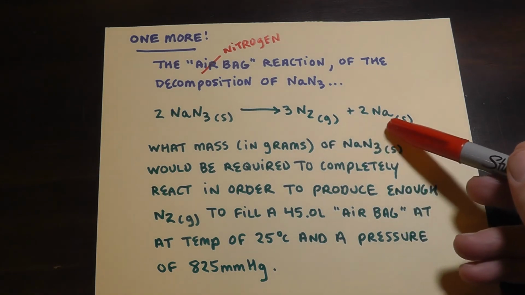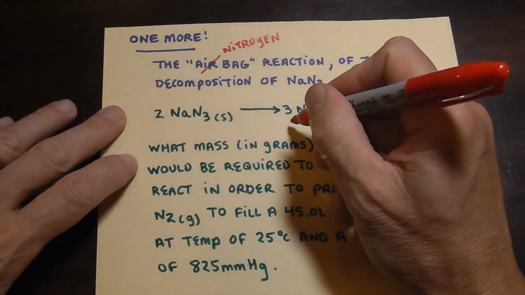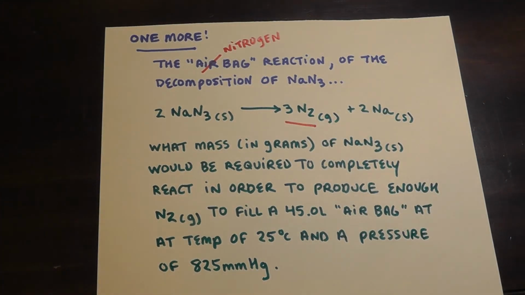And sodium stays in there, but it's not a gas. So this gas will then go and fill the nitrogen bag that deploys in your steering wheel column thingy or in your curtain bags on the side of your car. And I hope you never experience that, ever.